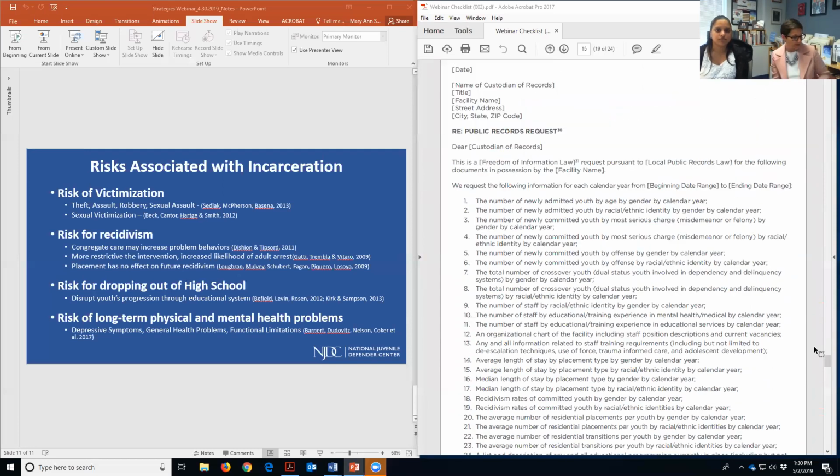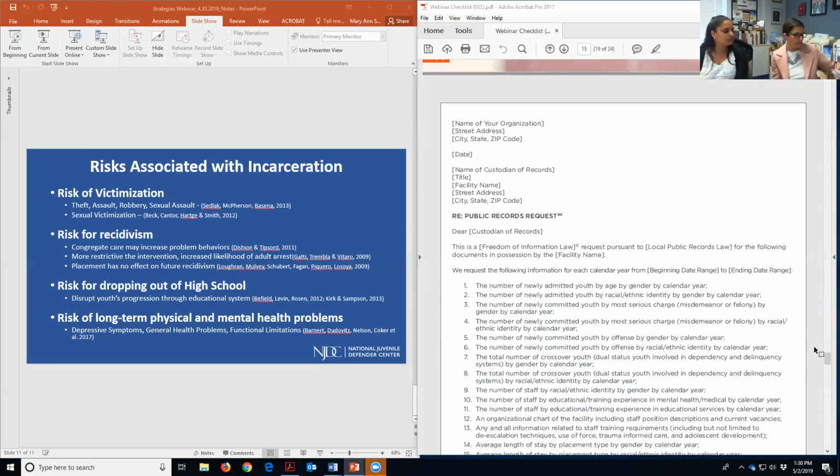And again, just a reminder that you can grab the facilities checklist and the snapshot on bail at the NJDC website at www.njdc.info.